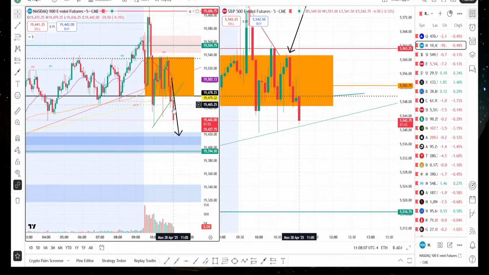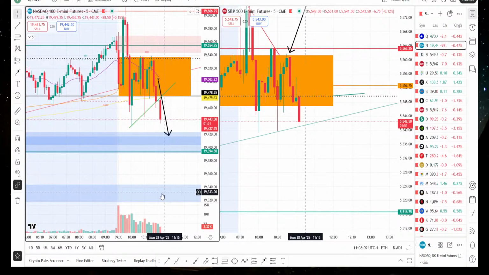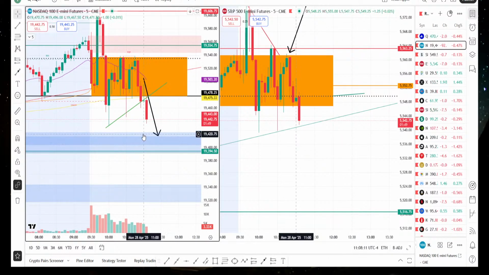Very strong coming out of this range. Very, very strong.